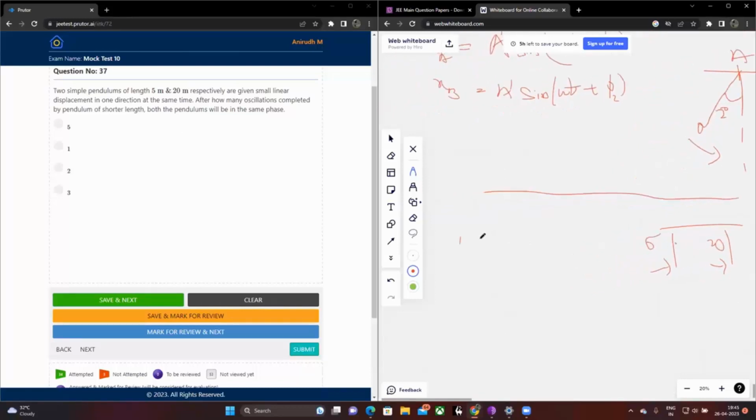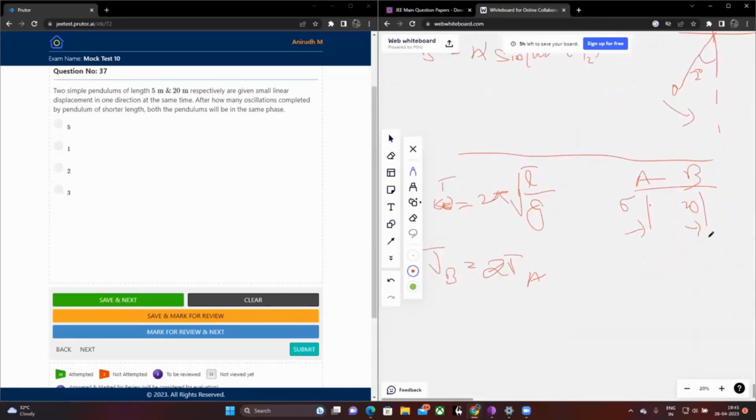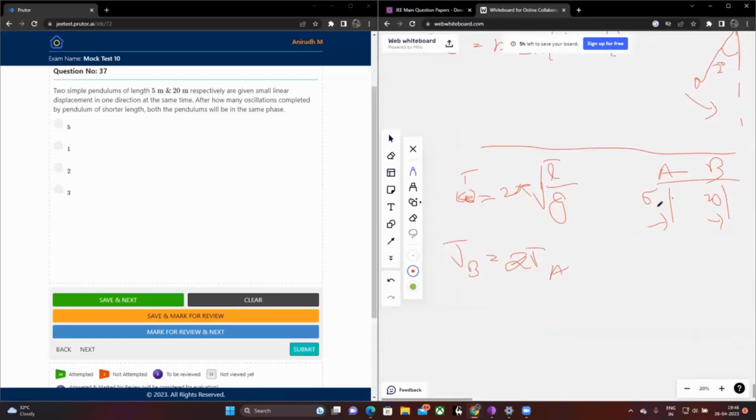The time period is 2 pi root L by G. So if this is A and this is B, then TB is twice TA because the length of B is 4 times the length of A. Now, after how many oscillations will both pendulums be in the same phase? If A completes one oscillation, B is going to complete half of one.